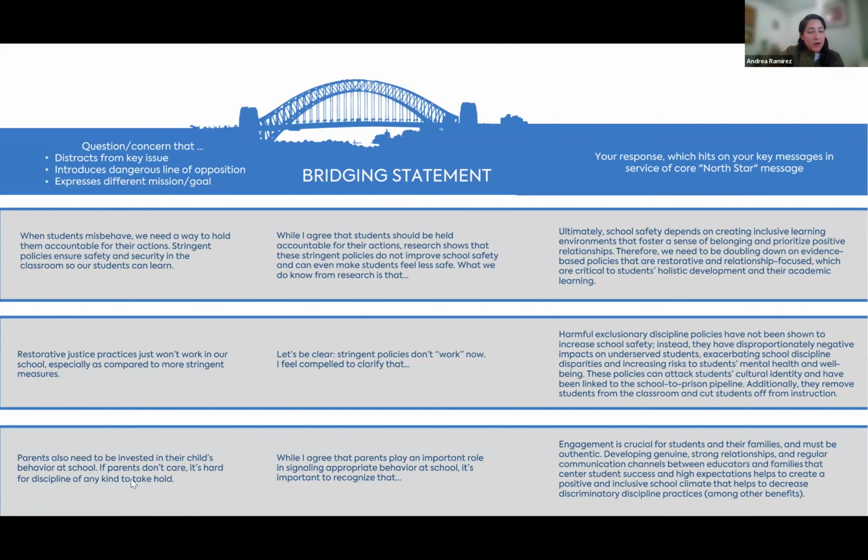If you ever come across these types of phrases or words that are in opposition to what you're trying to relay, always using a bridging statement is really helpful, and then coming back to your core key messages. You always want to use a bridging statement, then come back to one of them that makes more sense to use in that situation.